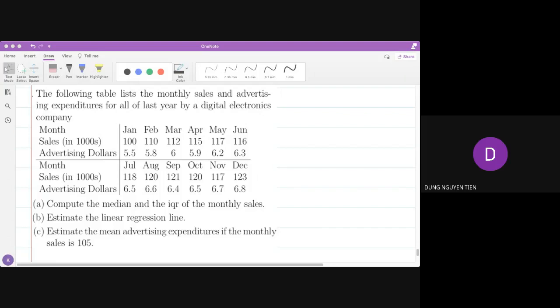What is the median and the IQR? Question A and question B, do you know how to solve the problem? You don't need to do calculations. Today I only want to focus on the main idea, the method. So just tell me the way you would solve the problem. You can try the problem at home, and next time we will go over the calculations. Do you have a question?